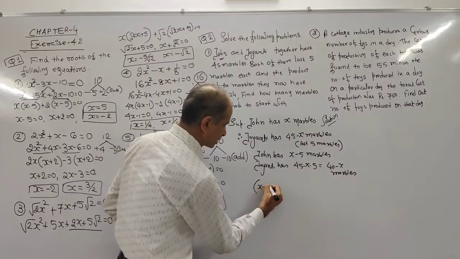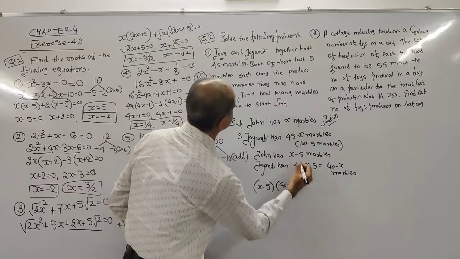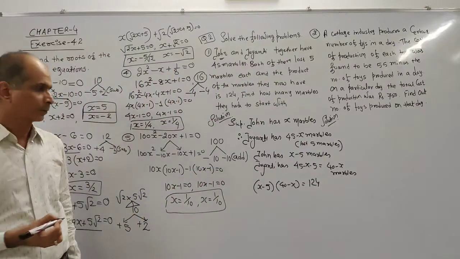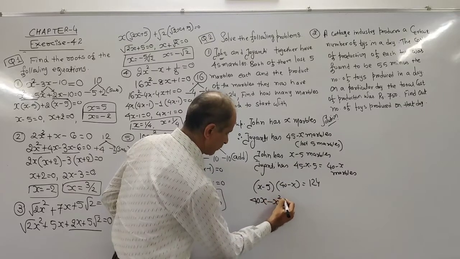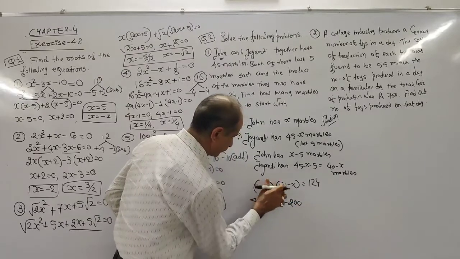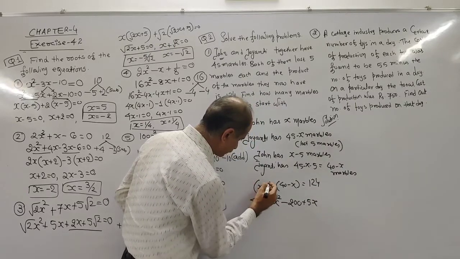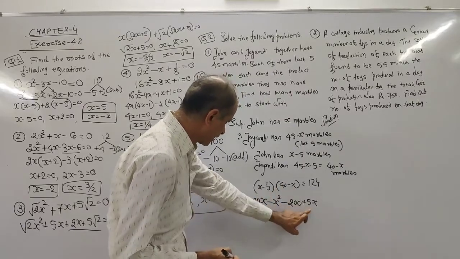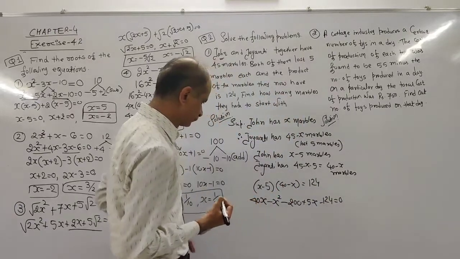So, x minus 5 times 40 minus x is equal to 124. 40x minus x square minus 200 plus 5x, because minus 5 into minus x is plus 5x, minus 124 is equal to 0.